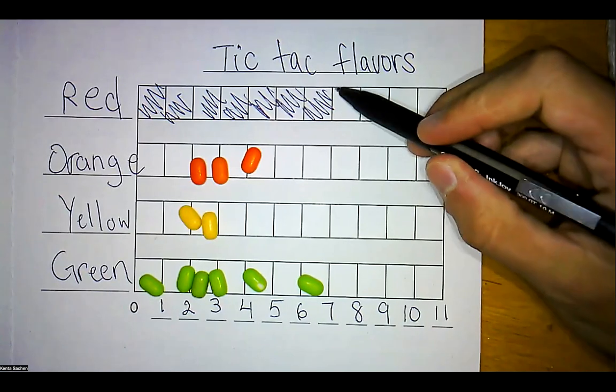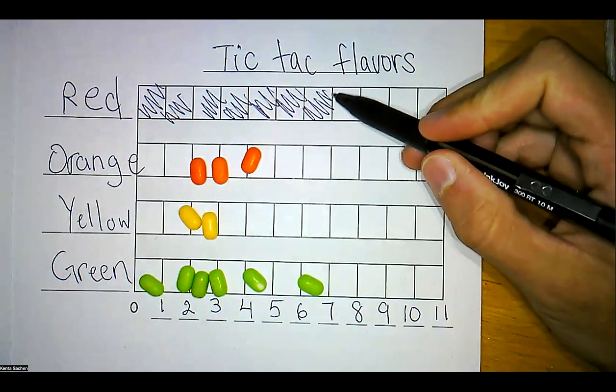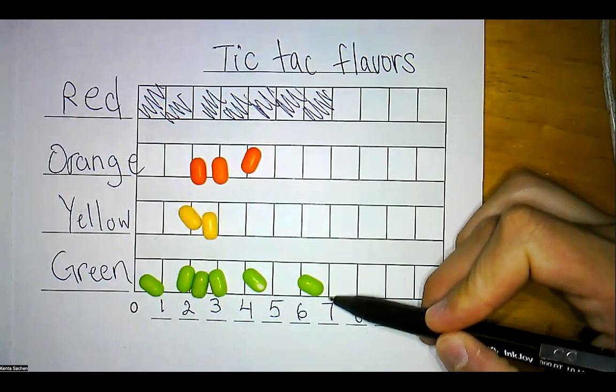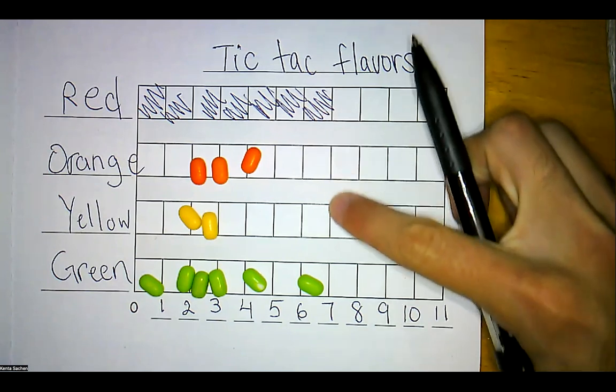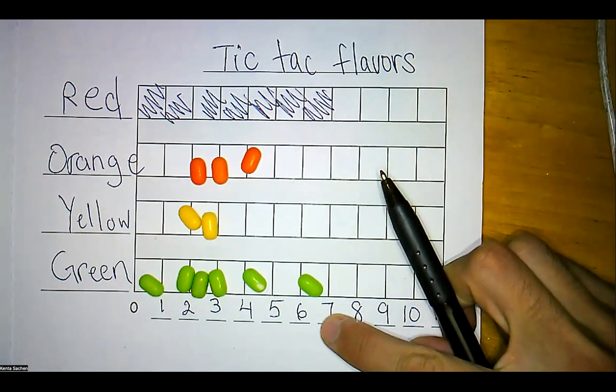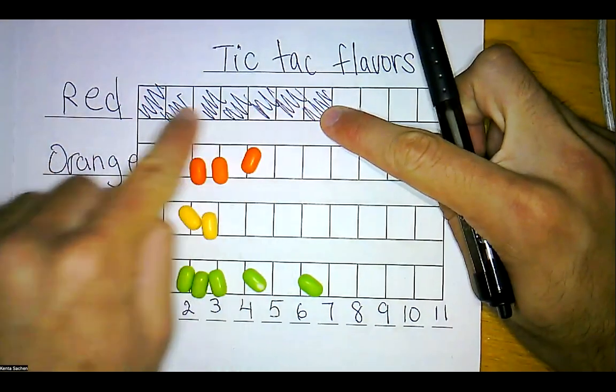Okay, now notice that my line, or my bar, we're going to call this a bar here, goes all the way down to the 7, right? So I know by looking at my red line down to the number that I had 7 red Tic Tacs, right? That's how I'm going to read this.